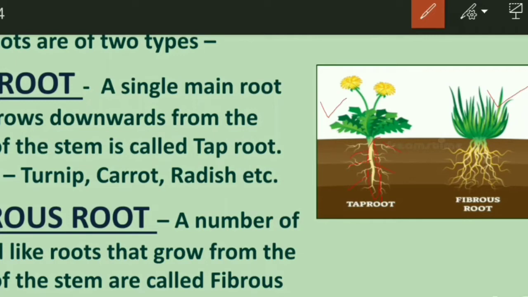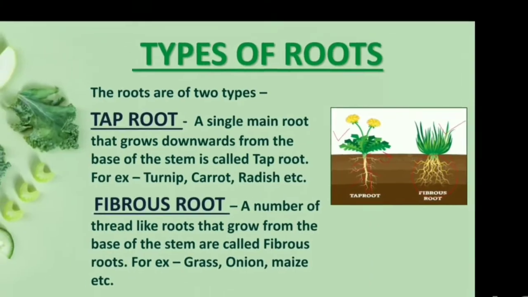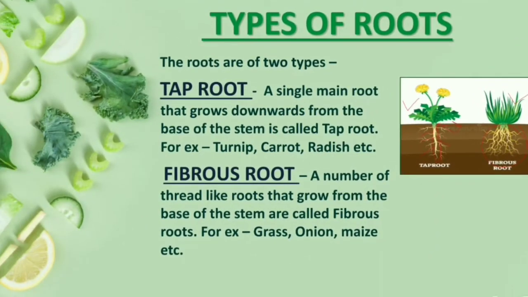And fibrous root has many thread-like roots arising from the base of the stem. Base of the stem means this part, from where the root and stems meet. So the root which is having only one main root, that is taproot, and many thread-like roots, that is fibrous root. Now we'll read about the functions of root.